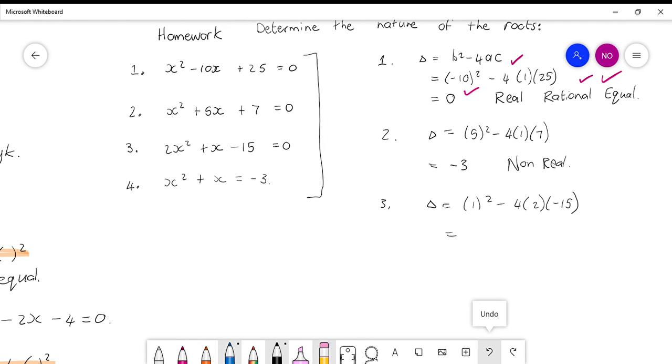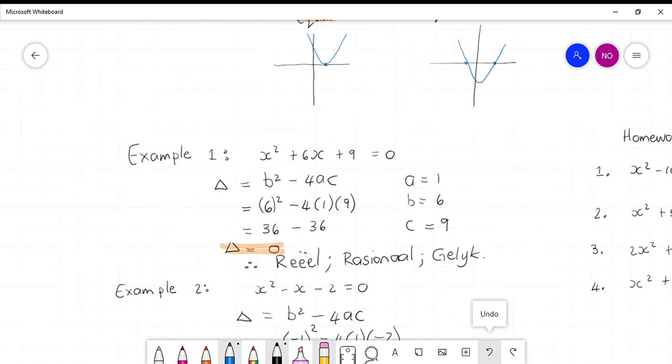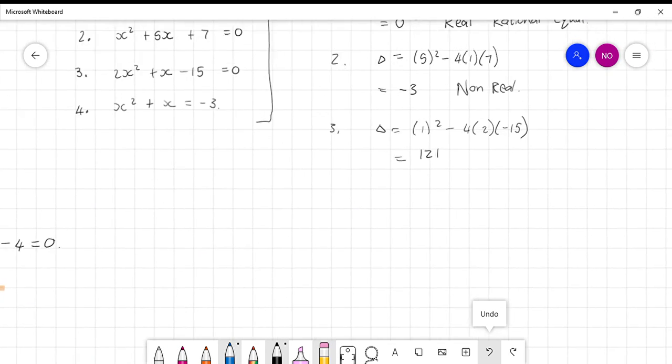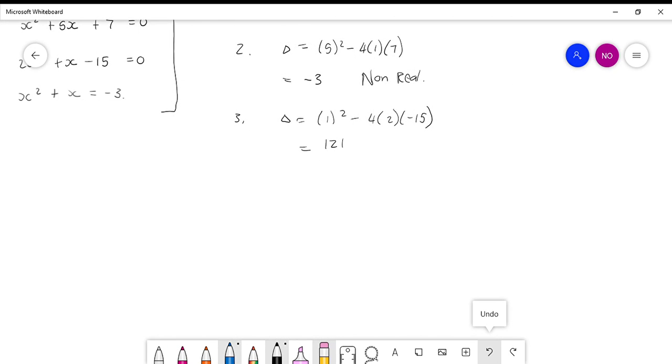Do you get a value of 121? What is the square root of 121? 11, eh? So met ander woorde, hy val in hierdie kategorie in. Hierdie enetjie. Do you agree? Real, rational, ongelyk. Not equal. You first say minus 4 times 2, then times 15.